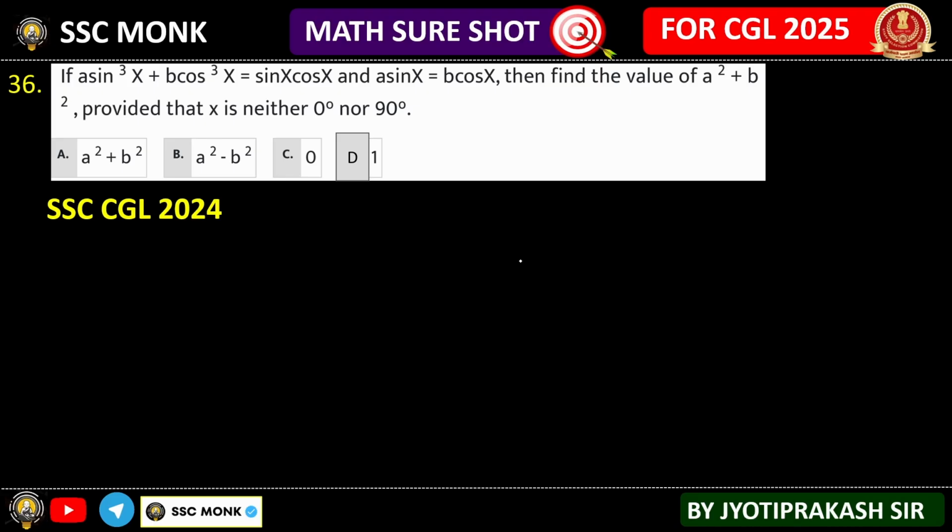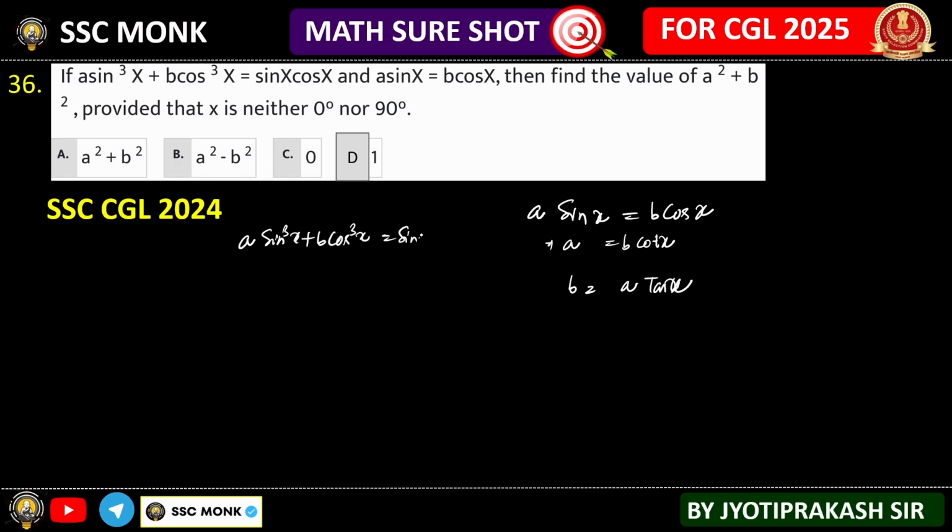Now see, a sin x is equal to b cos x, right? So I can write a is equal to b cot x. Same way I can write b is equal to a tan x. Now here it is written as a sin³x plus b cos³x is equal to sin x cos x. So here I can write a is equal to b cot x.